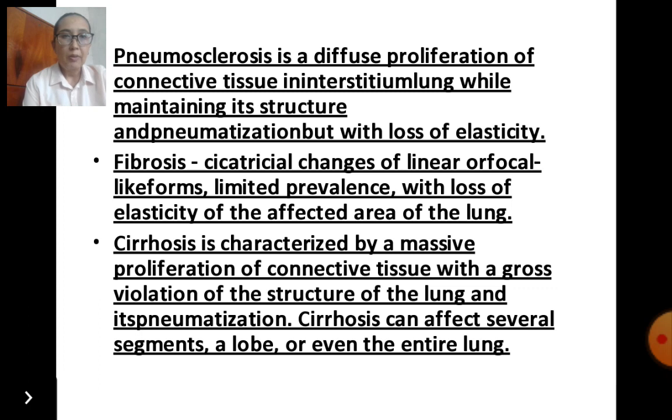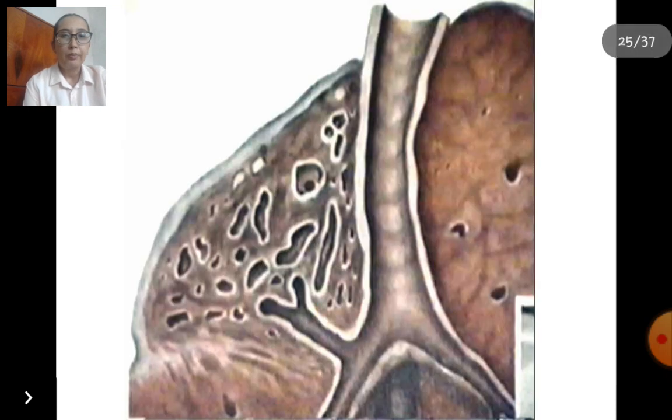Cirrhosis is characterized by a massive proliferation of connective tissue with a gross violation of the structure of the lung and its pneumatization. Cirrhosis can affect several segments, a lobe, or even the entire lung.